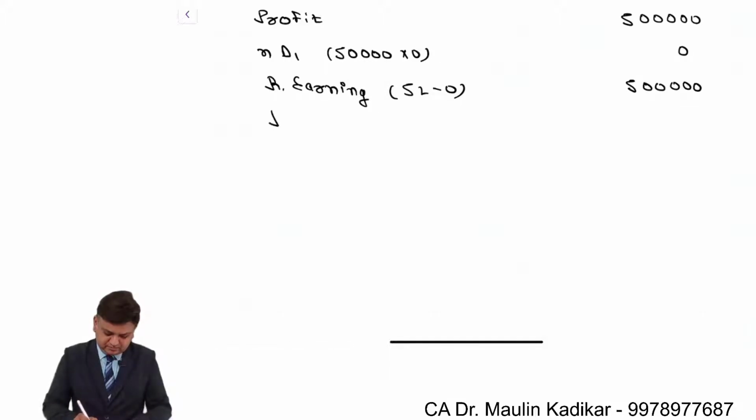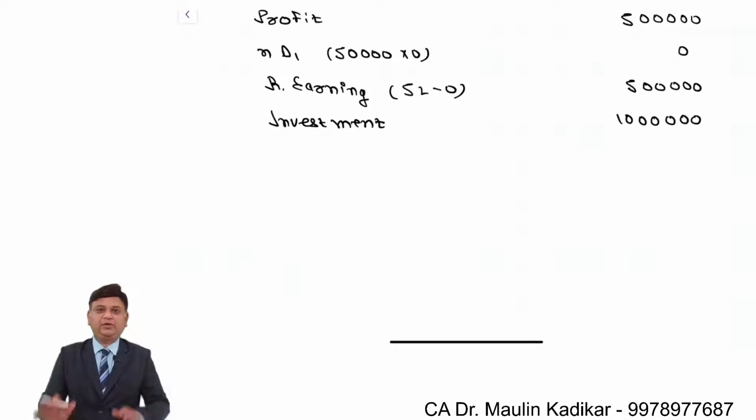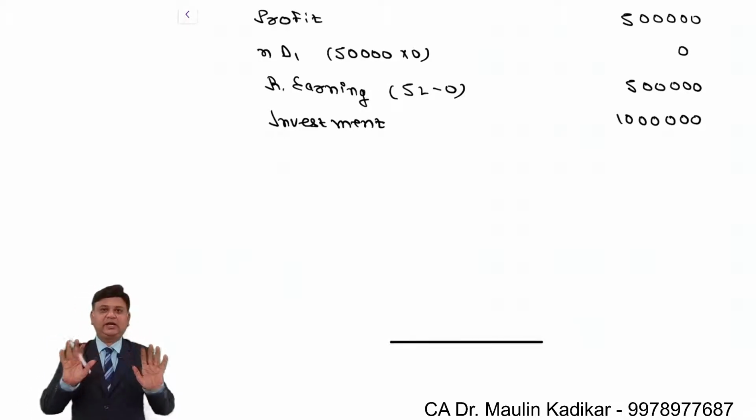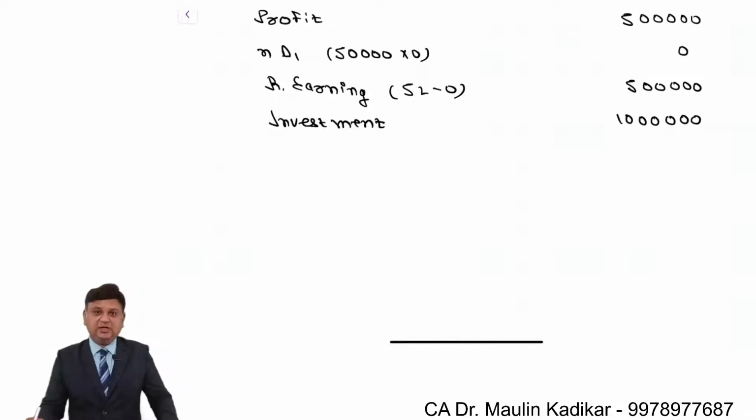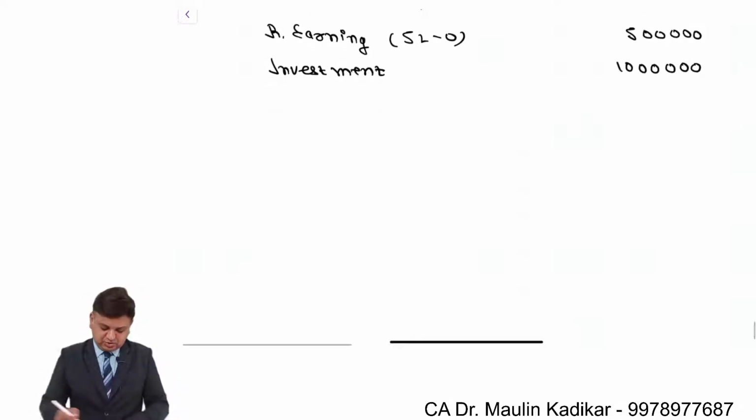Investment, which we are required to make, is 10 lakhs. So we have to make investment of 10 lakhs and we have retained earning of 5 lakhs. So we have to make a new issue.